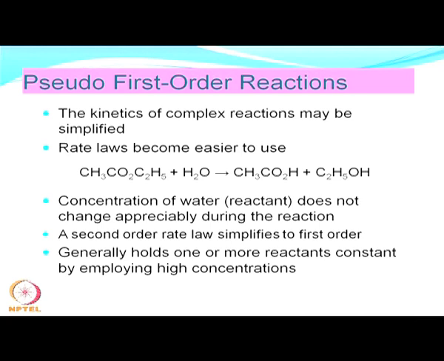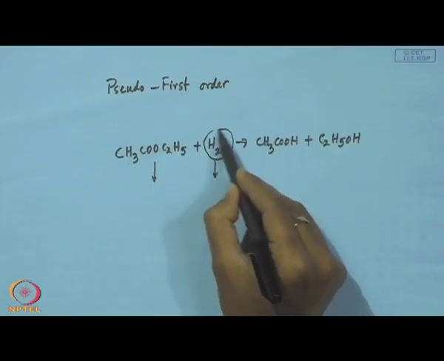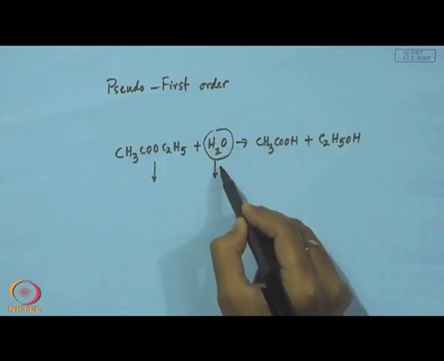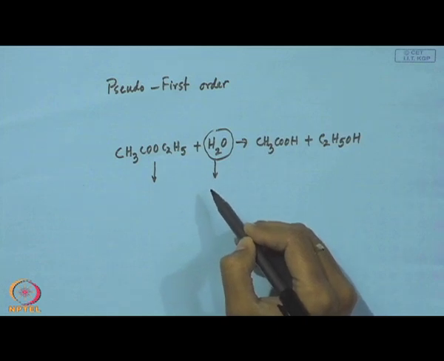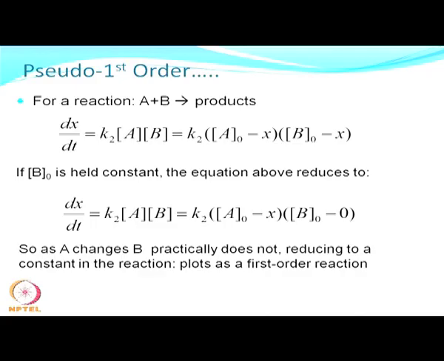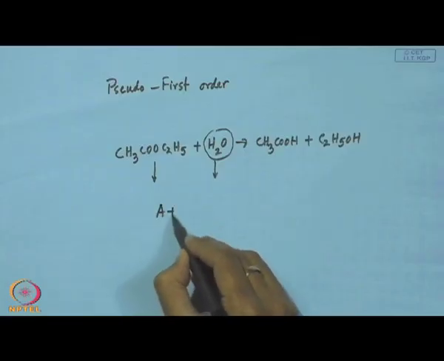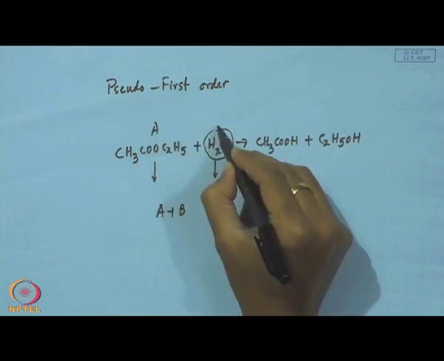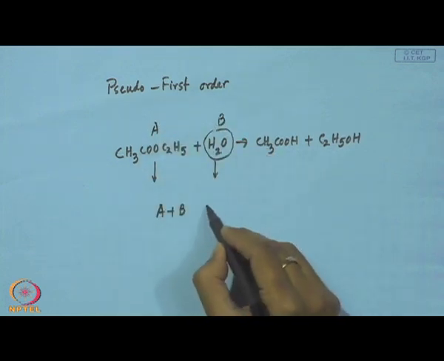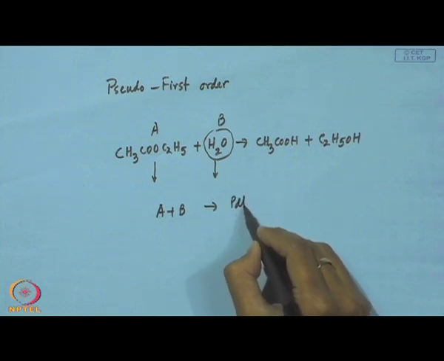This generally holds one or more reactants constant by employing high concentration, so throughout the reaction we may think that this is virtually constant. A pseudo first order reaction starts from a general second order reaction, that is A plus B, say this is A and this is B, producing products.